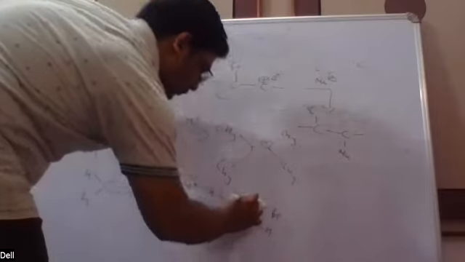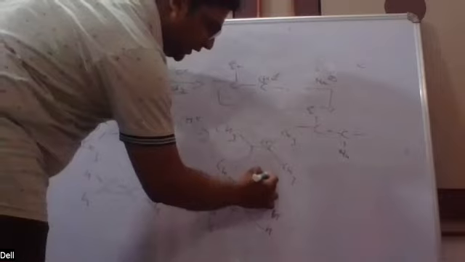Because here the carbocation that is formed is a 3-degree carbocation as compared to the primary carbocation. So 3-degree carbocation is more stable. So the reaction in this case will progress much faster.